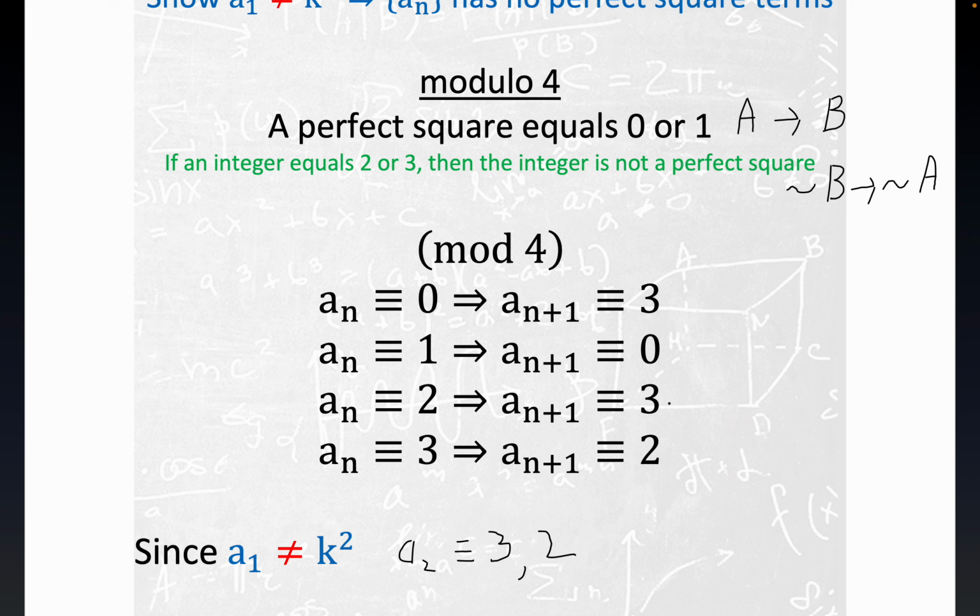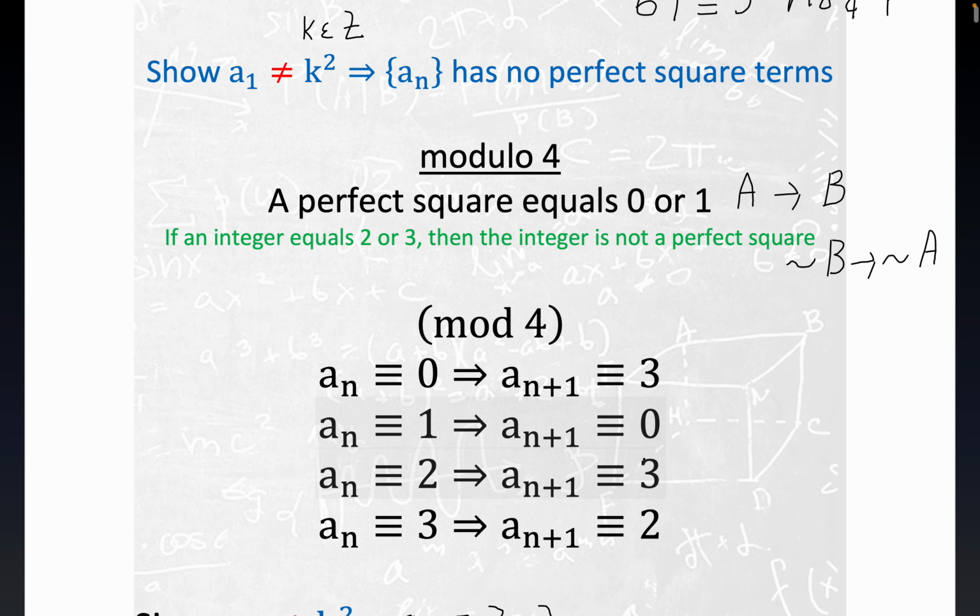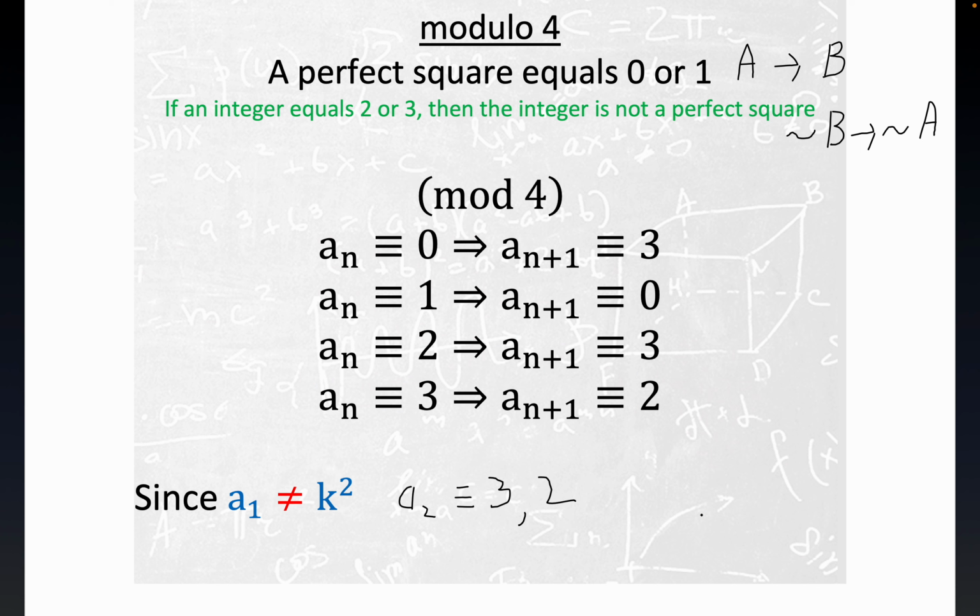Again, you can do the individual computations if you don't believe this, but this is just a direct substitution back into the original. If you substituted 2 in here, for example, you would get 8 plus 67 is 75, which is congruent to 3 modulo 4. So you see, a sub 1 not a perfect square means the successor must be congruent to 3 or 2, and so on.